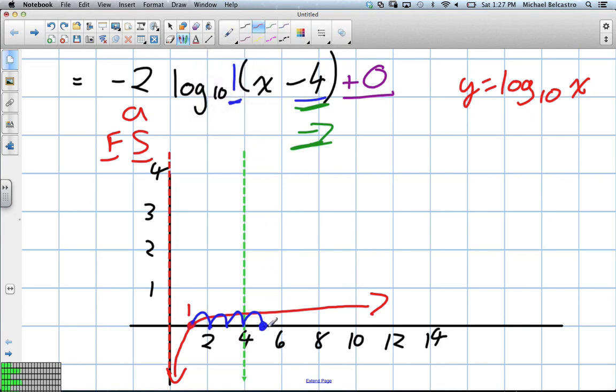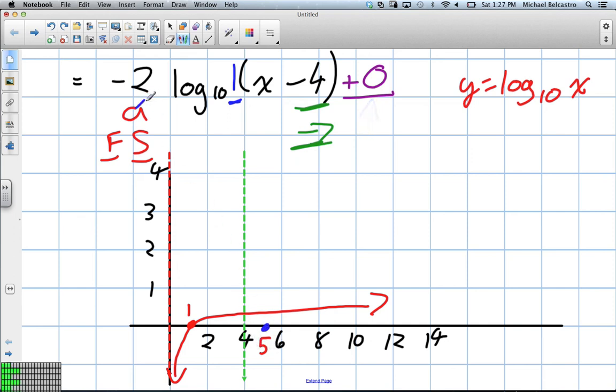Where is its x-intercept? It's not at 4, it's at 5. That's right, we have an x-intercept at 5. It doesn't move up and down any, we don't have a c value. We now have a new x-intercept.